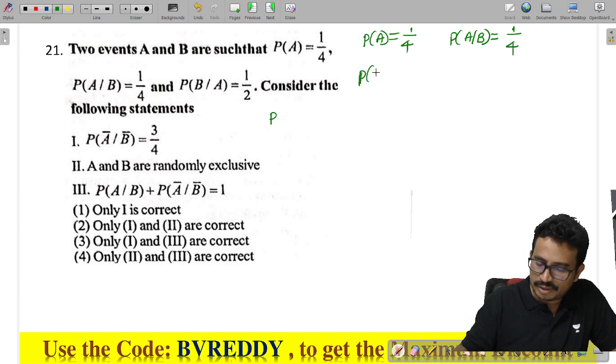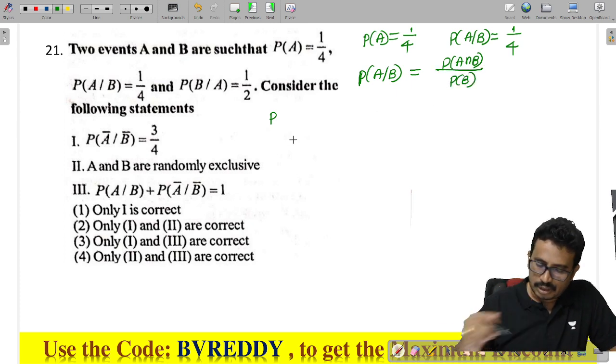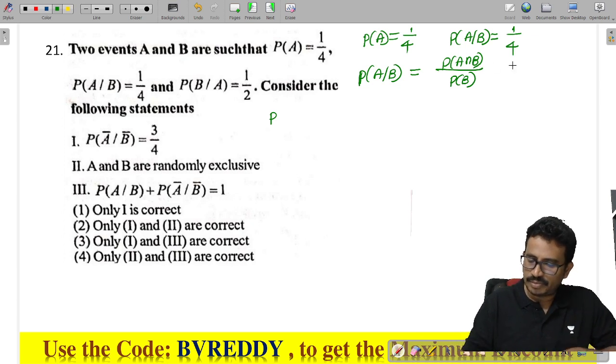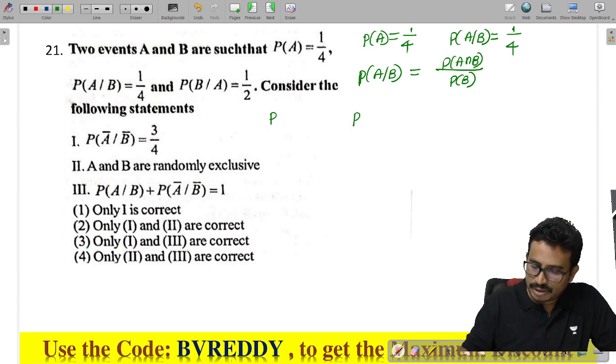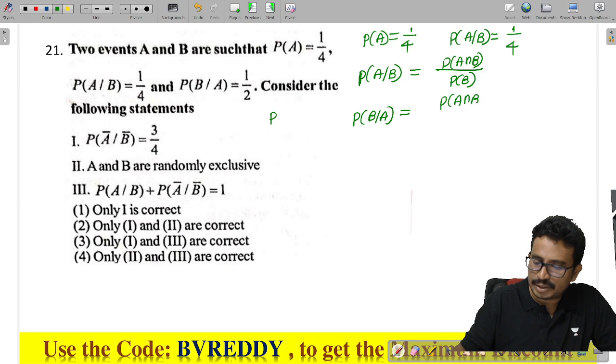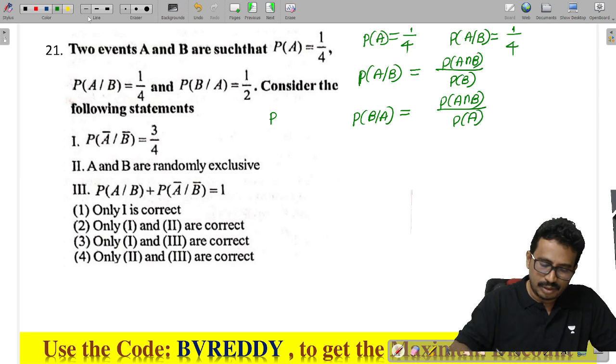Now I am finding P of A by B, which is given as P of A intersection B by P of B. Now P of A intersection B we don't know. Now from the second one, P of B by A they have given, which is P of A intersection B by P of A. Now you tell me, do you know these values here?